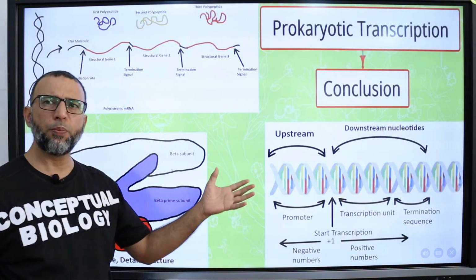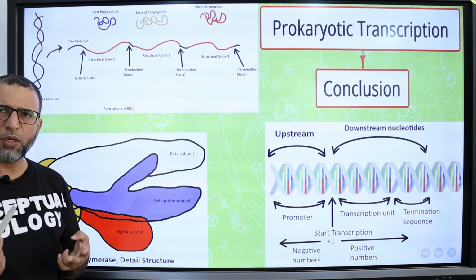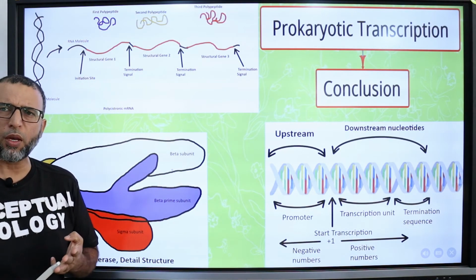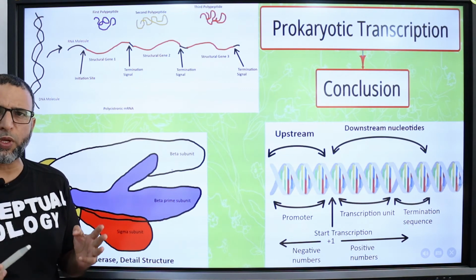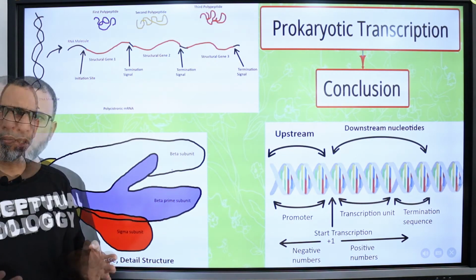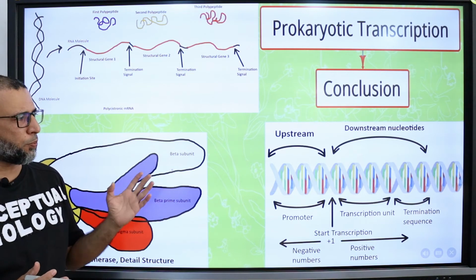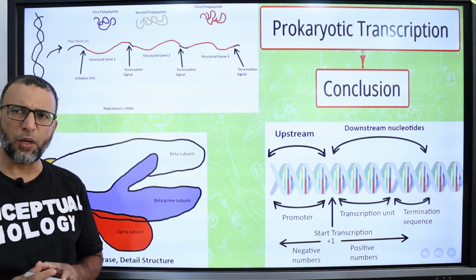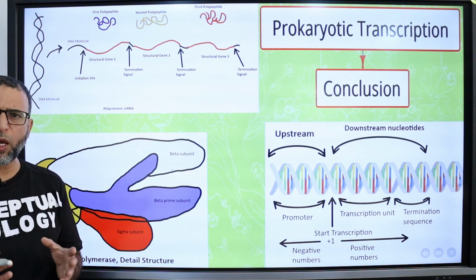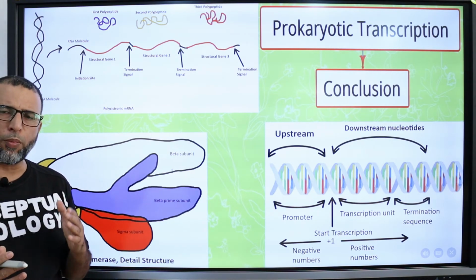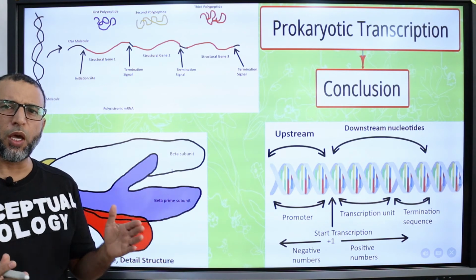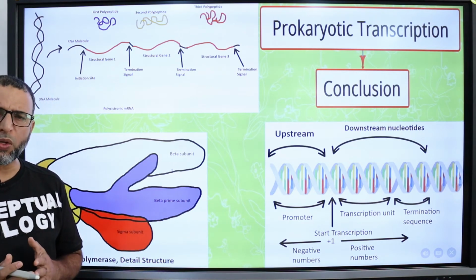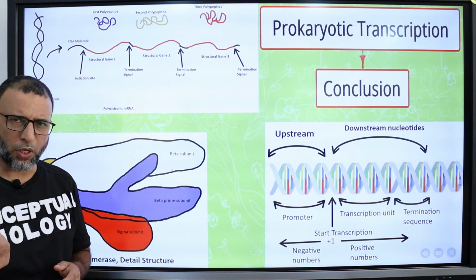To sum up, in prokaryotes, transcription, translation and mRNA degradation take place simultaneously. Polycistronic mRNA is found in prokaryotes, and eukaryotes have monocistronic mRNA. So polycistronic mRNA encodes for multiple protein products, and monocistronic mRNA only encodes for one protein product.